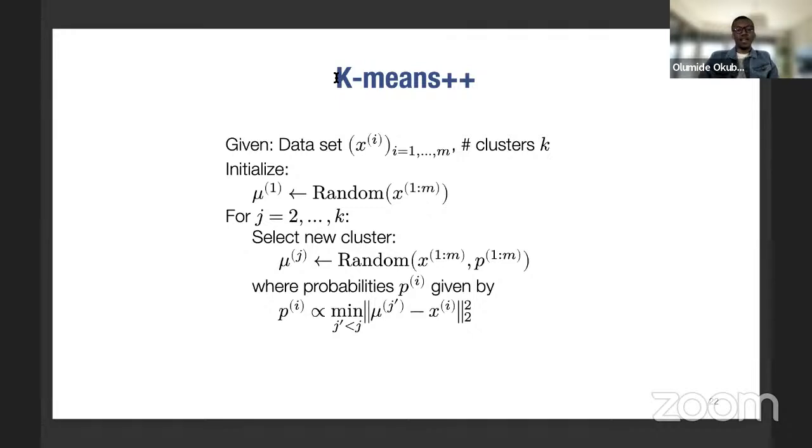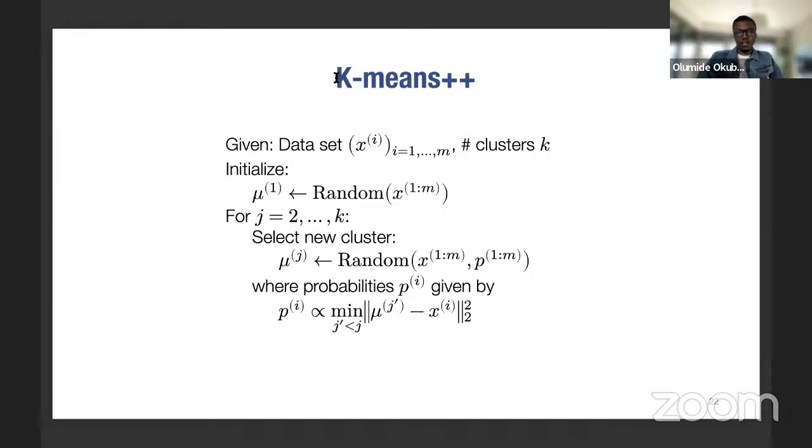For each of our X data points, we look at how many centers we've assigned before. For now, we're on number 2, so we've only assigned 1. So the probability is based on the distance between X and your initial center.